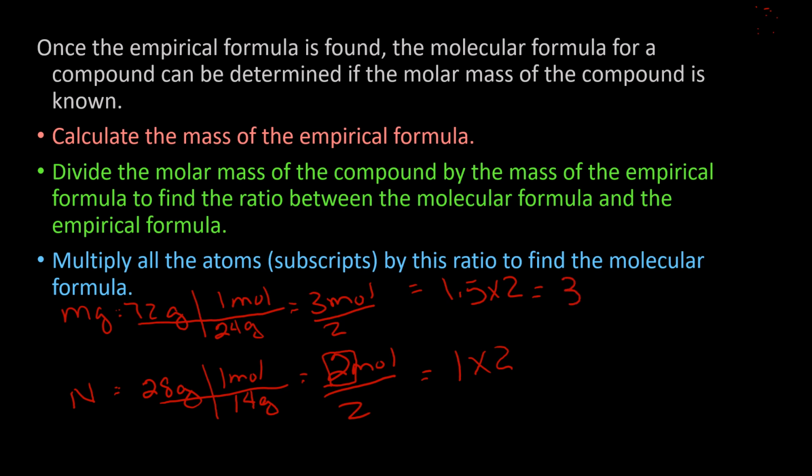This is 3 and this is 2. So it becomes Mg3N2, and that is the empirical formula.